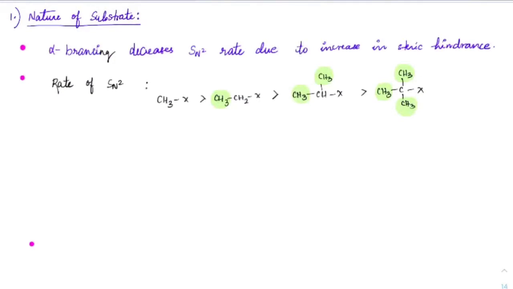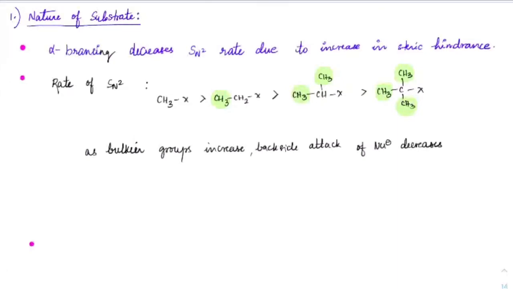So in short, I can write: as bulkier groups increase, backside attack of the nucleophile decreases. I hope all of you have written that.